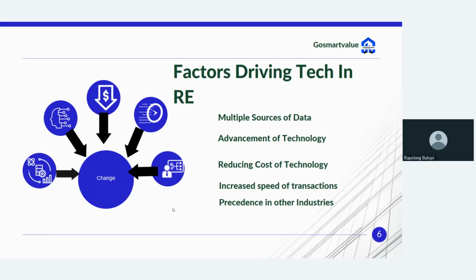Then we come down to the factors that are driving technology in real estate. These are things that before were not available, were not possible, or were difficult to put together or acquire. Now, these days with technology, there are multiple sources of data that one can put together.